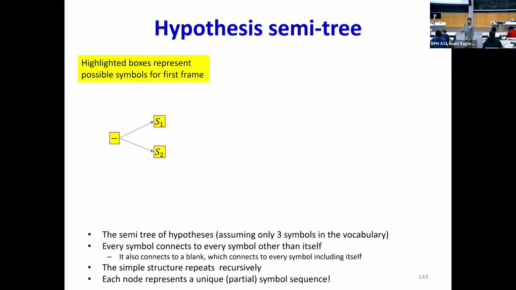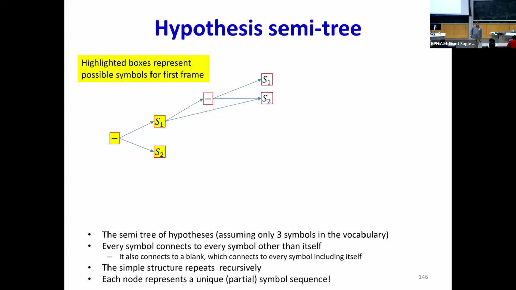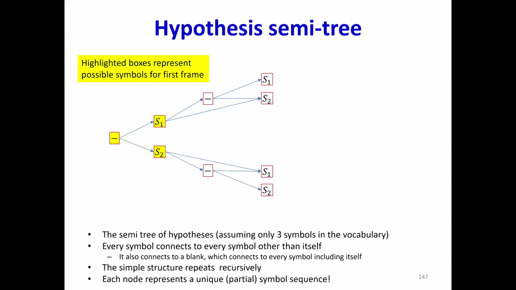I can either have a blank in the first position or S1 or S2. Then S1 could be followed by S2. S1 could be followed by S1, or S1 could be followed by blank and then by S2. But if S1 is followed by blank and then by S2, that's also S1, S2, right? Similarly, at the bottom, S2 can be followed by S1, or S2 can go through a blank and be followed by S2.